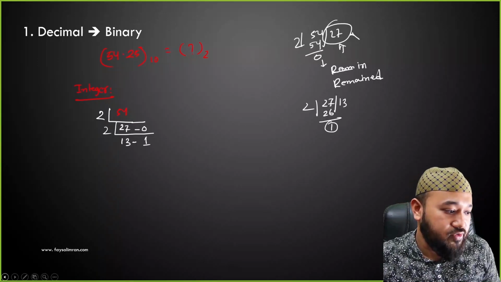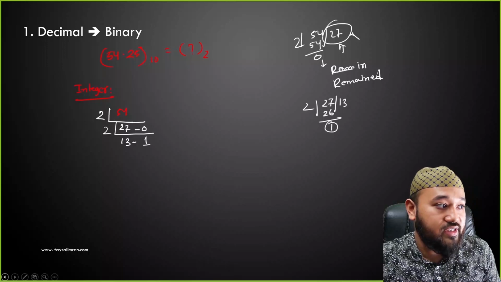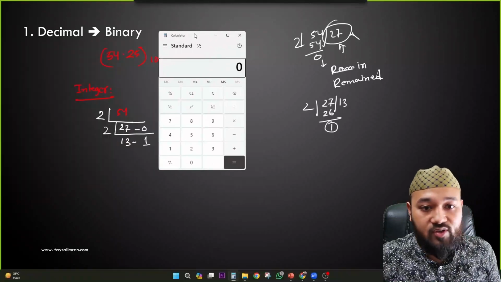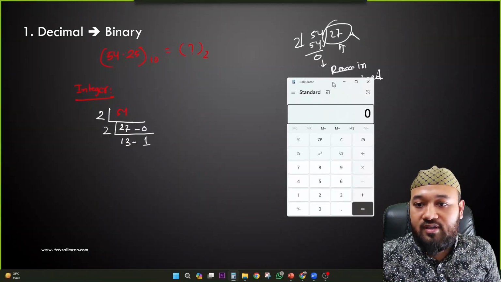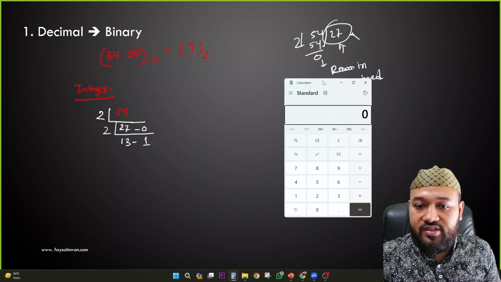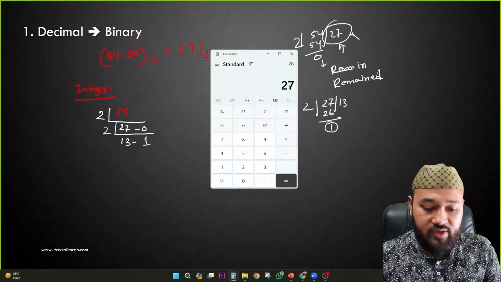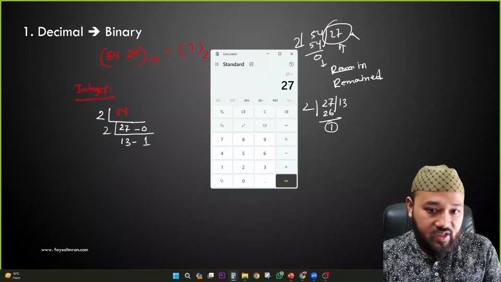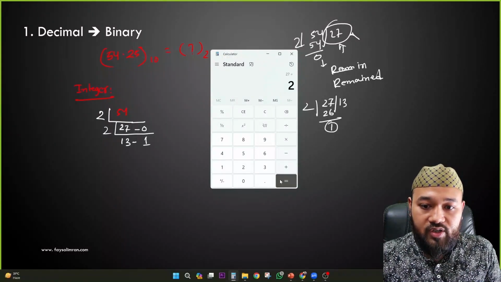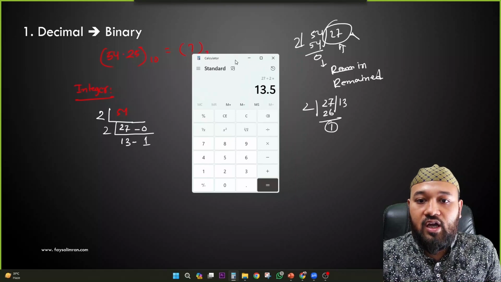If we are using a calculator, we must use a calculator in our exam but not in the admission test. We'll use it in our board, the HSC board exam. So if I divide 27 by 2, what do we get?